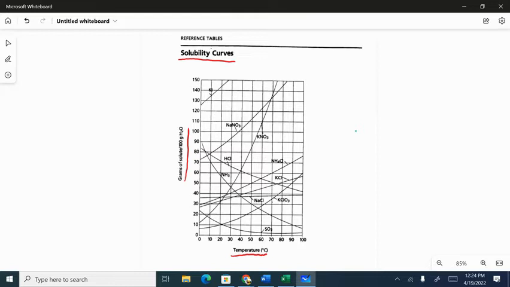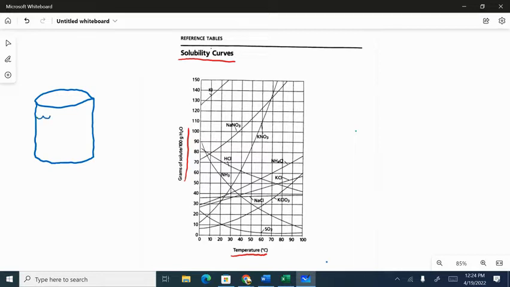Let's review real quick what that means, because grams of solute in 100 grams of water can be confusing. Let's say we have a beaker, and in there we're going to have water. Water is going to be our solvent and it's going to dissolve the solute.